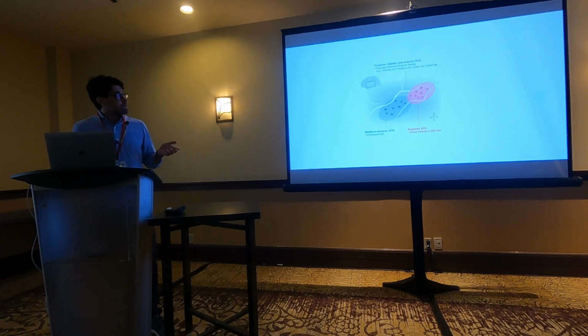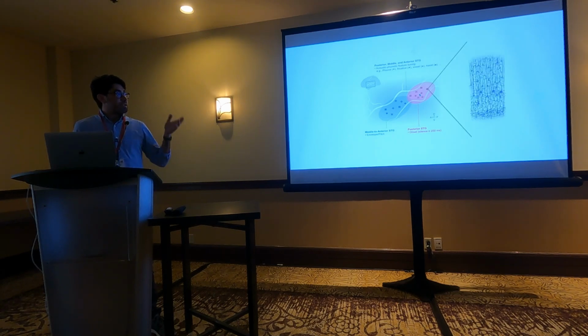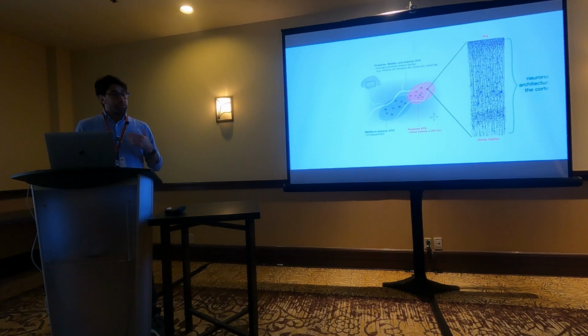What I mean by that is, if we go back to this overview, we know that underneath each of these symbols, when we record with ECOG, there are of course tens of thousands of neurons, and crucially they're organized into this architecture, which is the laminar structure of the cortex.